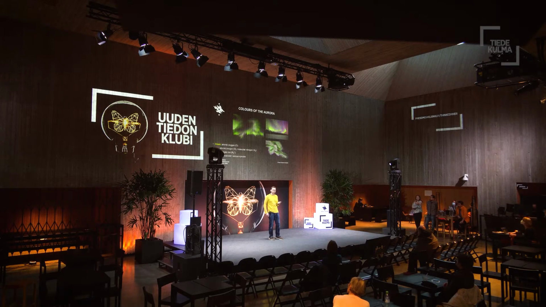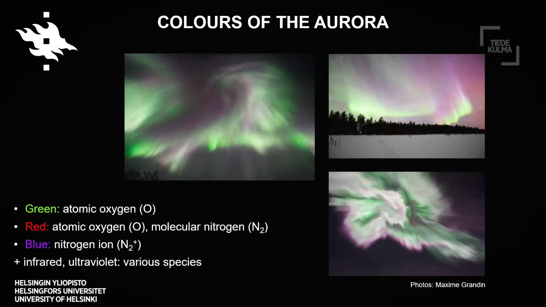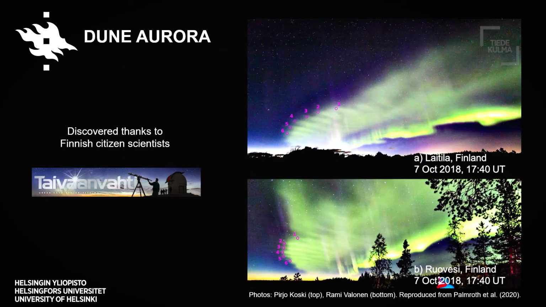There are also non-visible auroral emissions in the infrared or ultraviolet wavelengths. And you can also see from those pictures that not only the colors can vary in the aurora, but also the shapes.